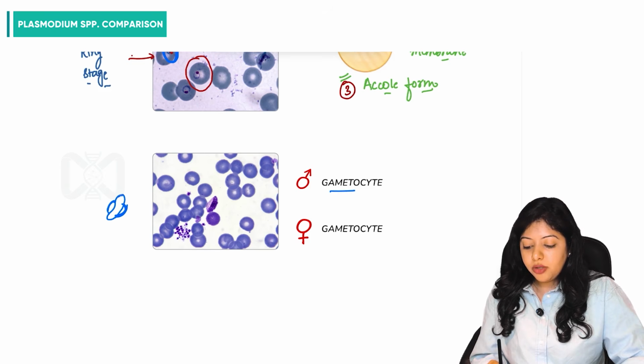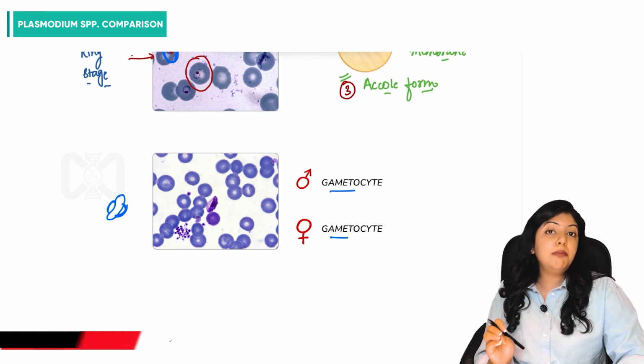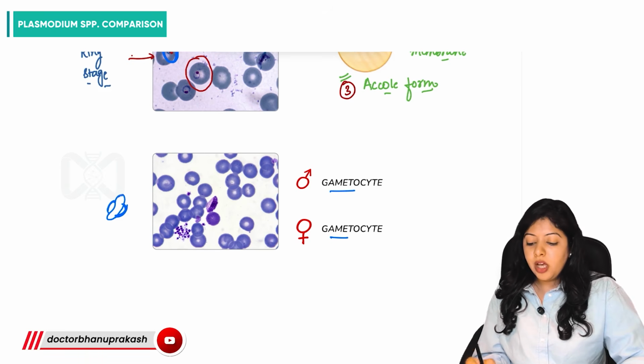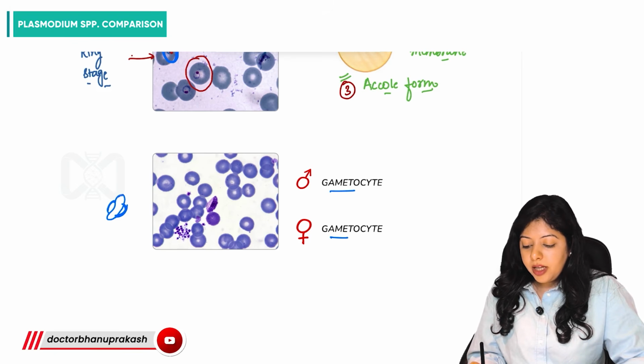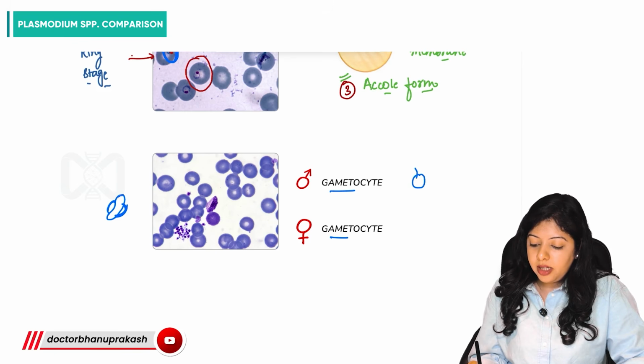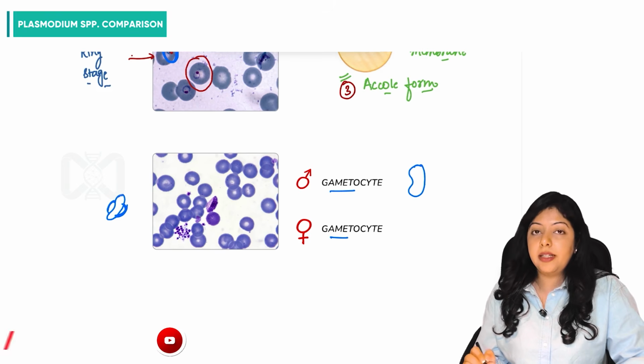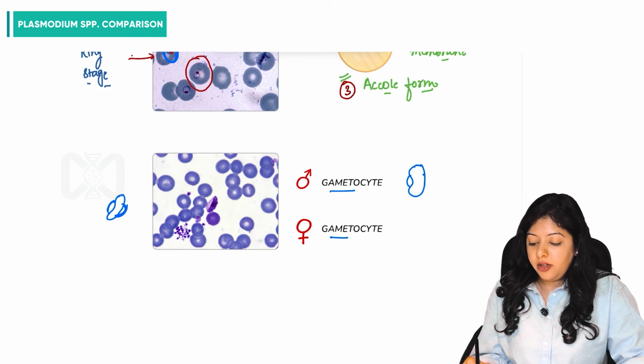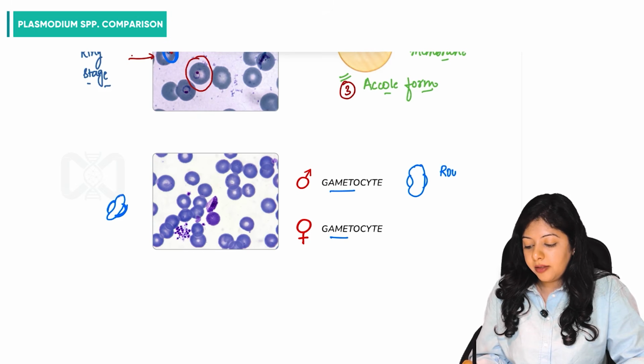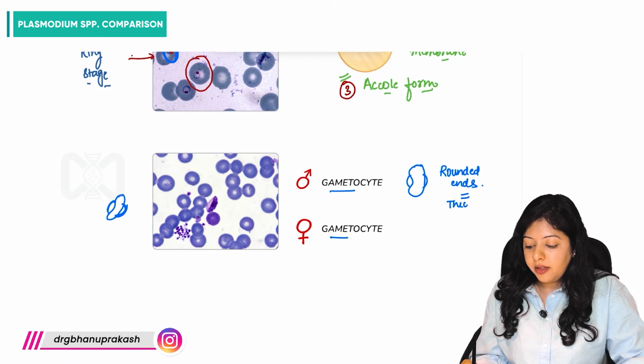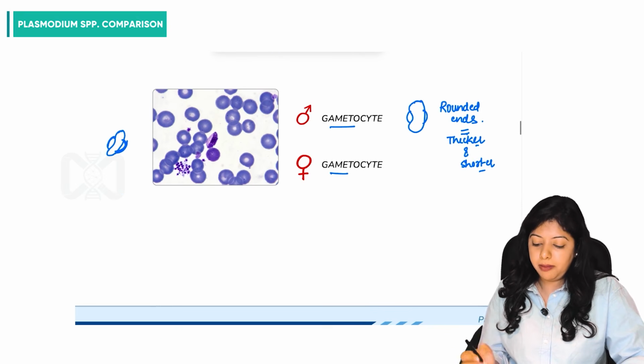So male gametocyte, there is a slight difference between male and female gametocyte. The male gametocyte is slightly thicker and shorter with rounded ends, right? Rounded ends, thicker and shorter, plump. We can consider it as plump.